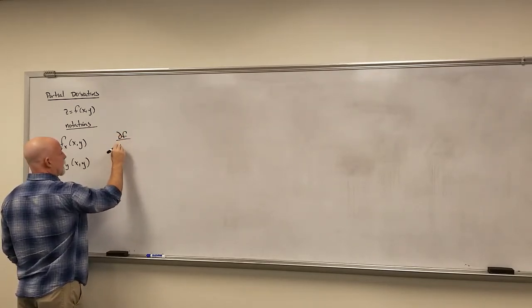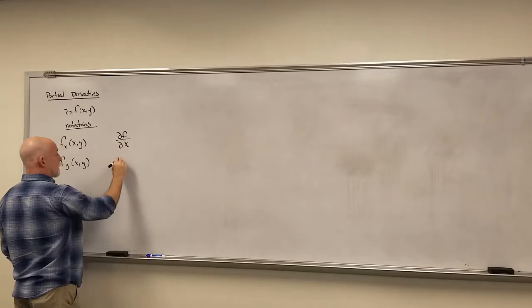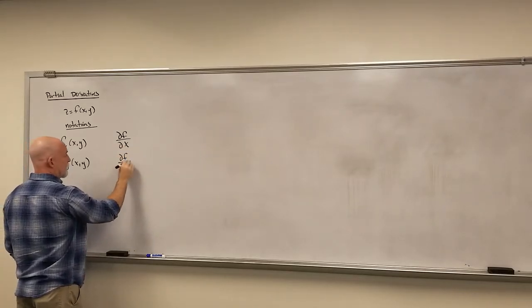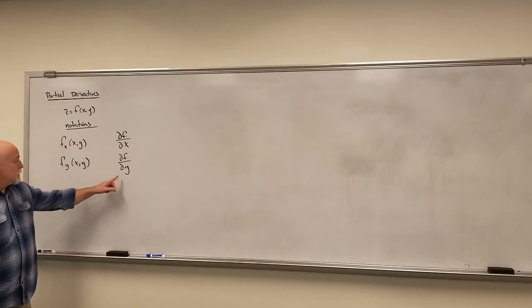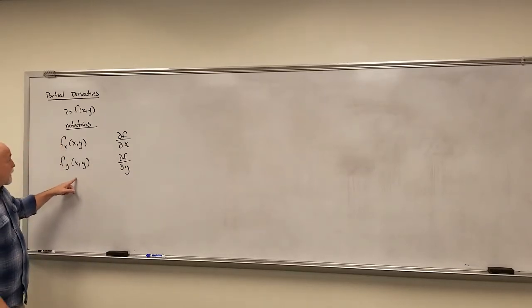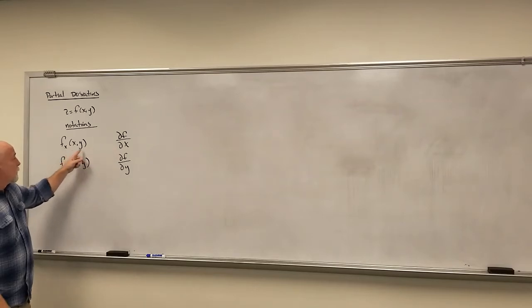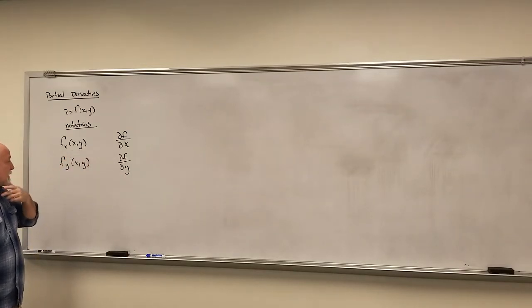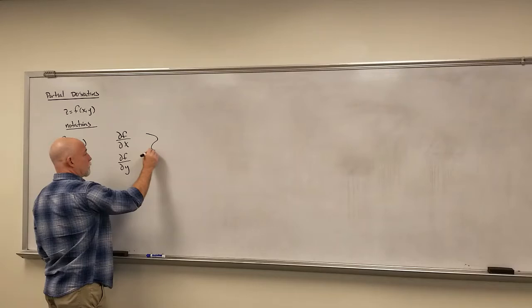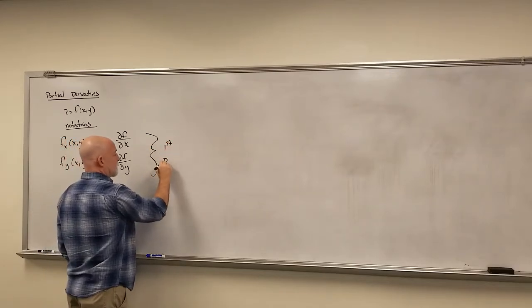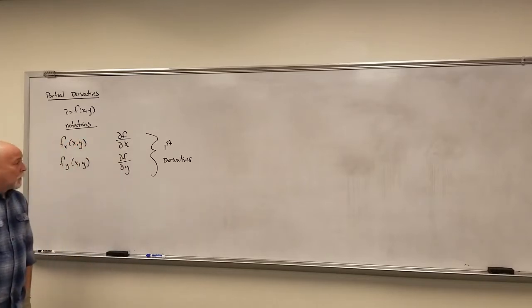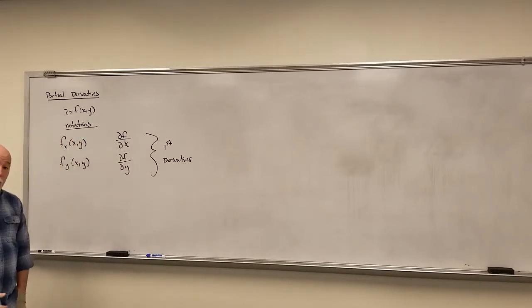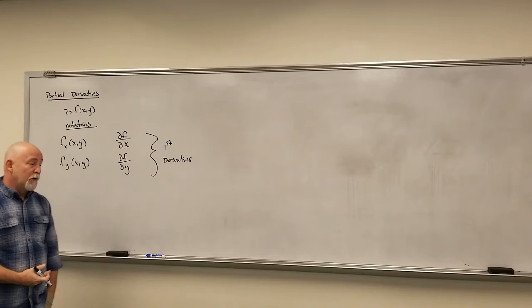So this would be partial f partial x, and this would be partial f partial y. So these would be the derivative of f with respect to x, and the derivative of f with respect to y. Both of these would be our first derivatives.